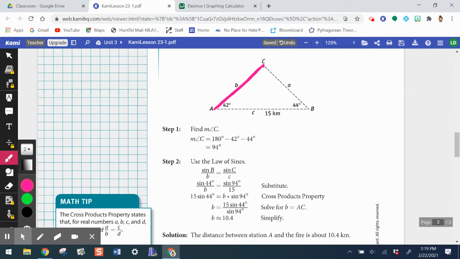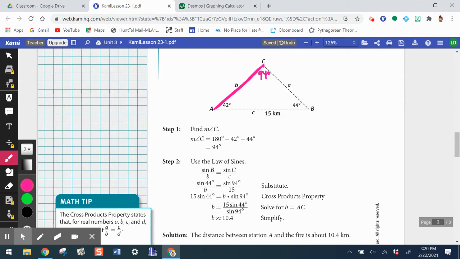So we use the law of sines, and the reason we use the sine of B and the sine of C, granted we have all three angles, but we have the side opposite of C. You know, when building a proportion, you can only have one missing value. So we know now that angle C is 94 degrees, so we have the measure of angle C, we have its opposite side, which is 15, and our goal was to find lowercase b, so we definitely should use its opposite angle, which is 44 degrees.